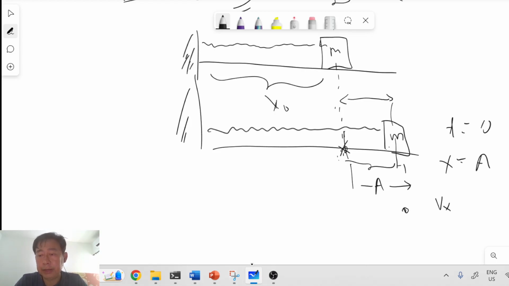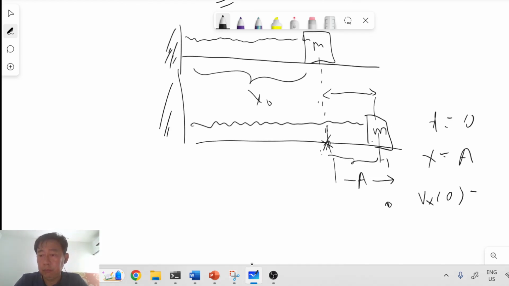Therefore, we can write v_x at 0, which means the velocity of the particle at the beginning, time t equals 0, alternatively written as x dot 0, is also set to be 0. So this is a very simple example where you set the motion of the simple harmonic oscillator from t equals 0 by releasing it from a maximum displacement of a and with an initial velocity of 0.